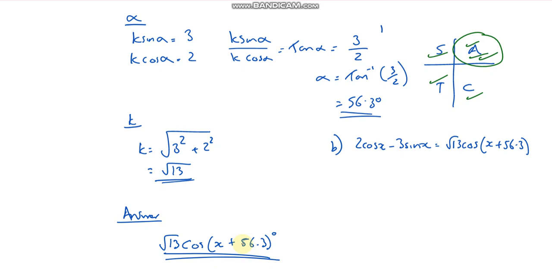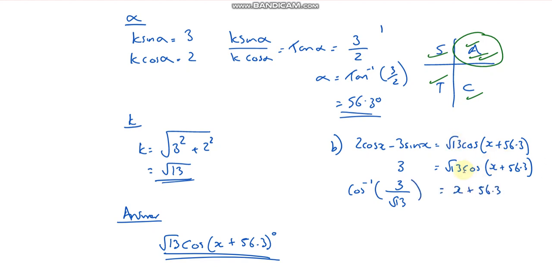So if I want to solve when that's equal to 3, I'll say, well, where is my wave function equal to 3? There you go, just put it equal to 3. If it asks for the max and the min, the max and the min is root 13 and negative root 13, FYI. And then we're just rearranging, aren't we? So we're saying, well, 3 over root 13, and I'll do cos inverse is equal to x + 56.3.